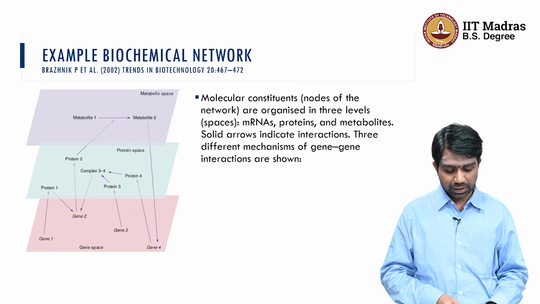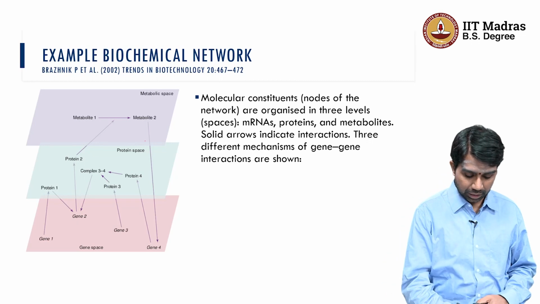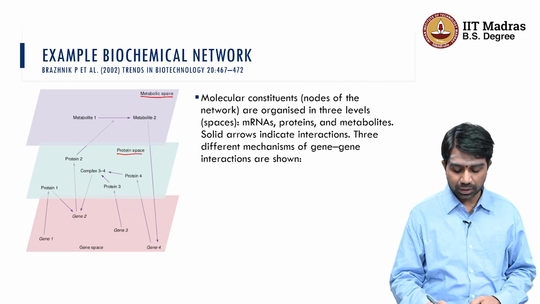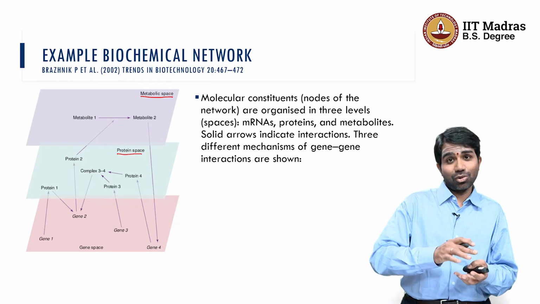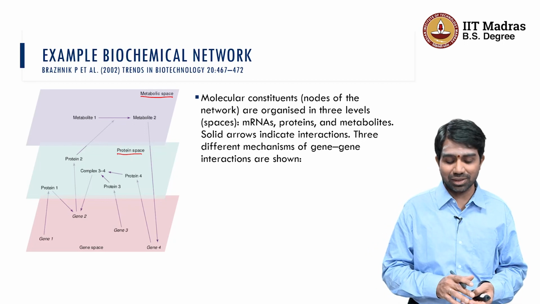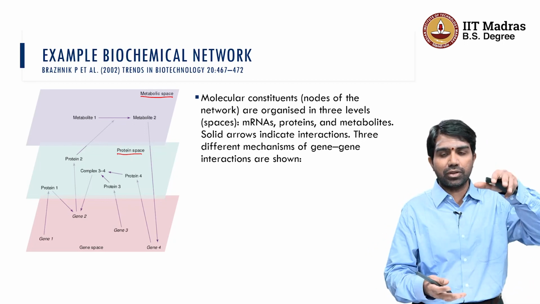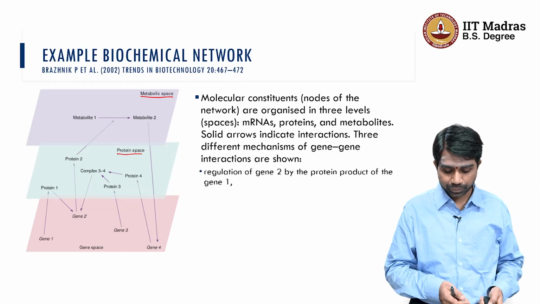You have the gene space at the bottom, the protein space that comes right after, and then the metabolic space. There is no hierarchy of any sort like this inside the cell, but this is just for our own understanding, so that you deconvolute all of these into different layers and can better understand them.